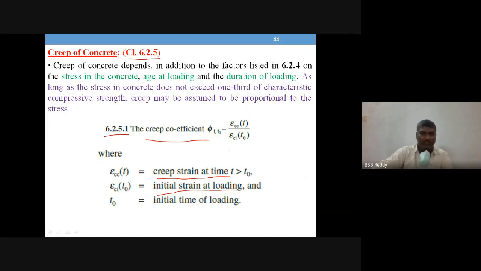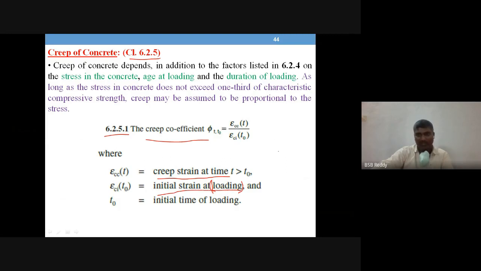Generally for a particular member, the initial strain starts at loading. In general we remove the shuttering, and after removing the shuttering, the load starts to be applied on the member.